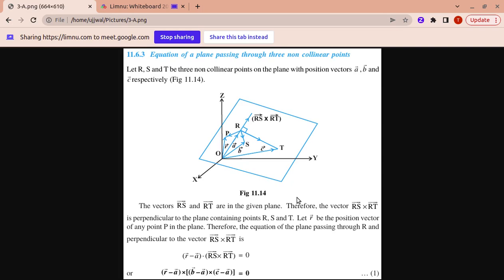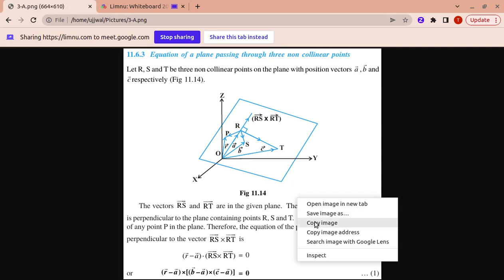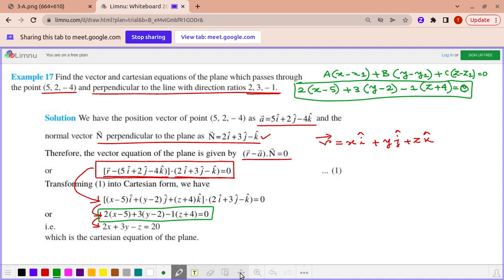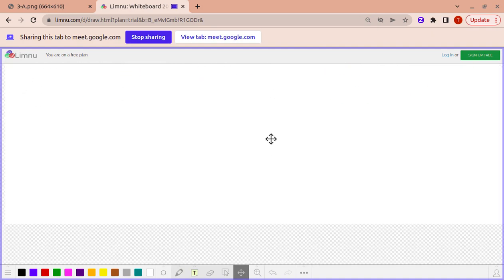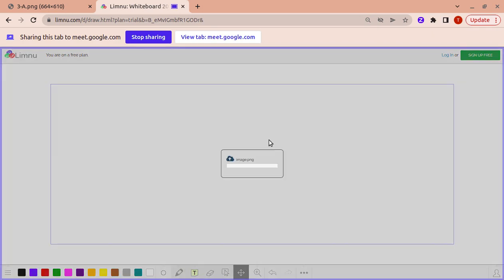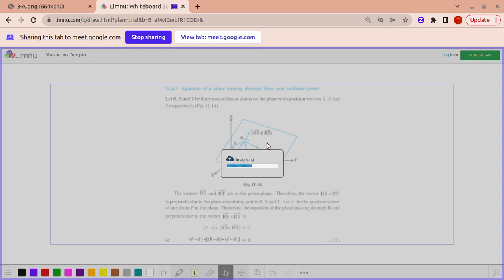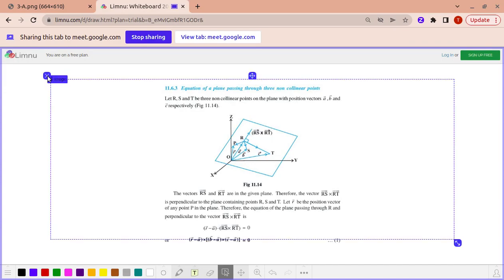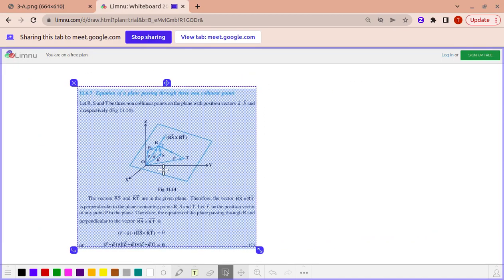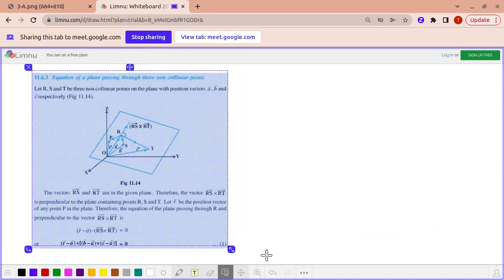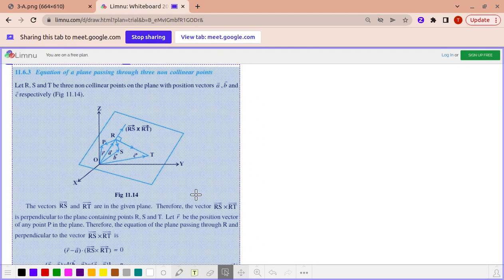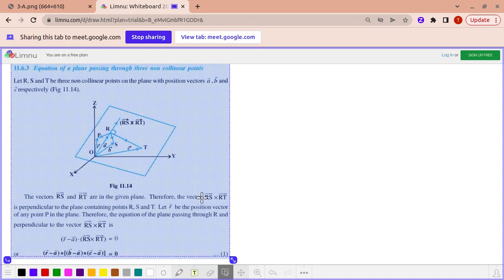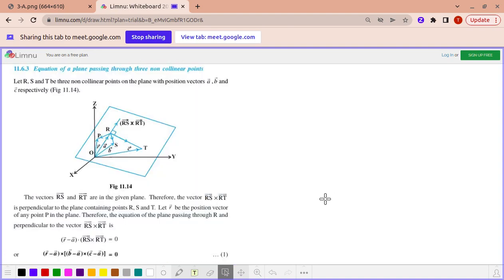The next one, we are going to find the equation of a plane passing through 3 non-collinear points. Okay.